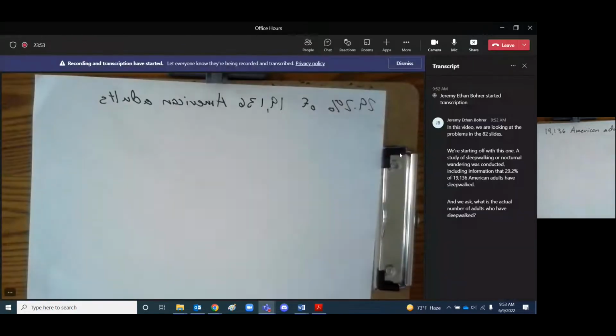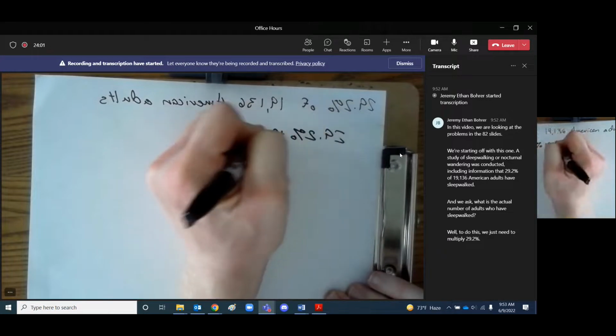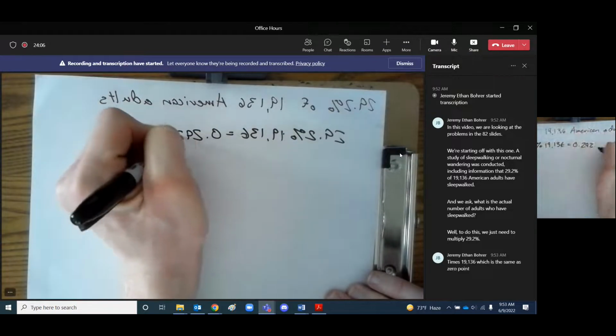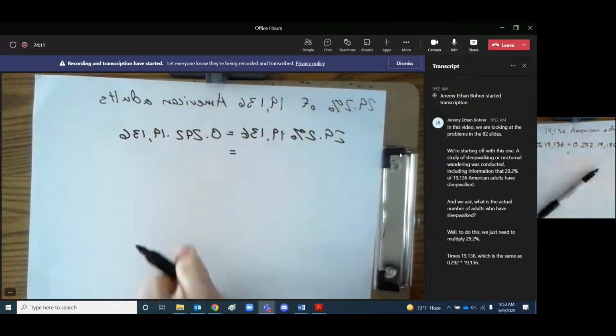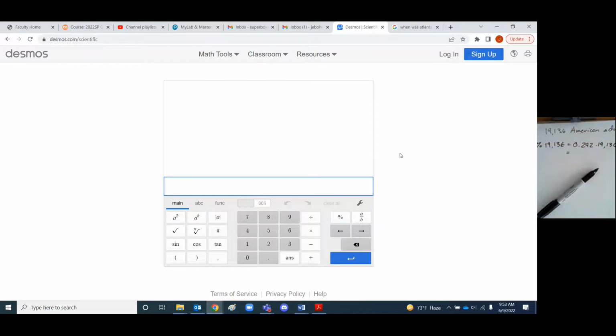Well, to do this, we just need to multiply 29.2% times 19,136, which is the same as 0.292 times 19,136. And we can go over to Desmos, which is my preferred calculator, and just enter that, and we get 5,587.712.